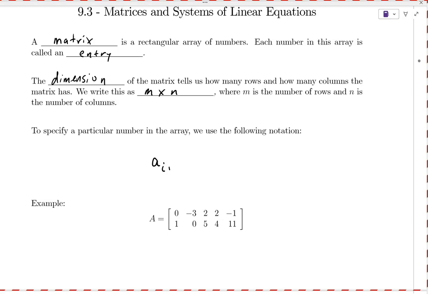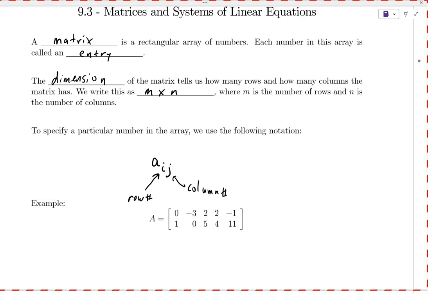We use an i and we use a j. The i refers to the row number. The j refers to the column number. So anytime you're talking about matrices in dimensions or entries, the first number always refers to the row and the second number always refers to the column.